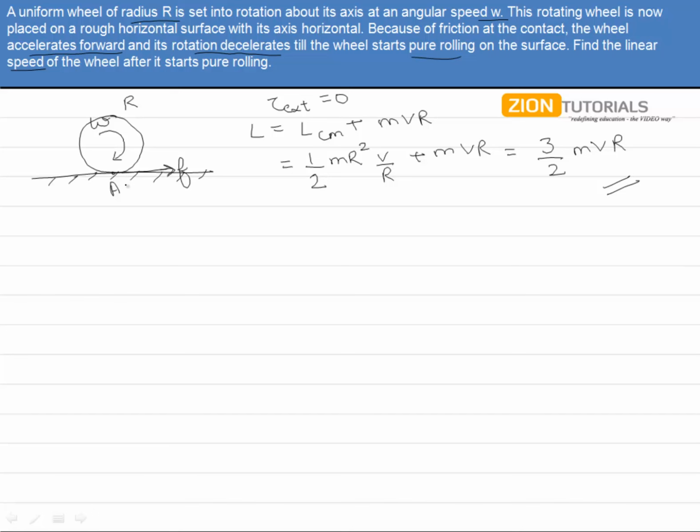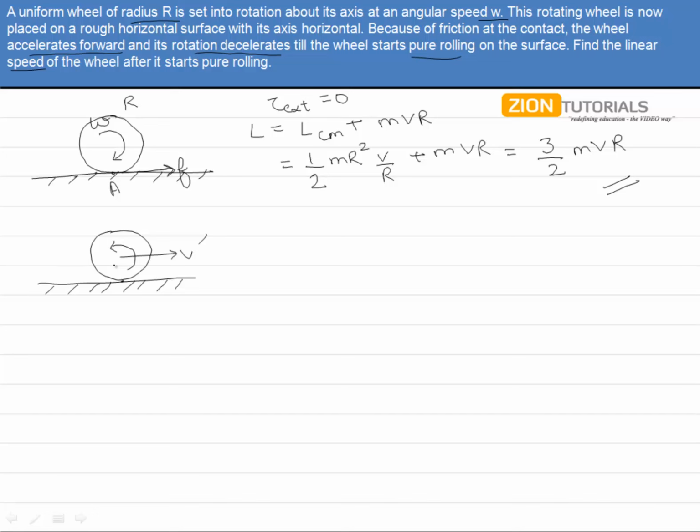Now let us see when it is having pure rolling, which means that it is like this, with a rotational velocity like this. It will have a forward velocity of v dash, suppose, and the friction will not be there because it will now be in pure rolling.